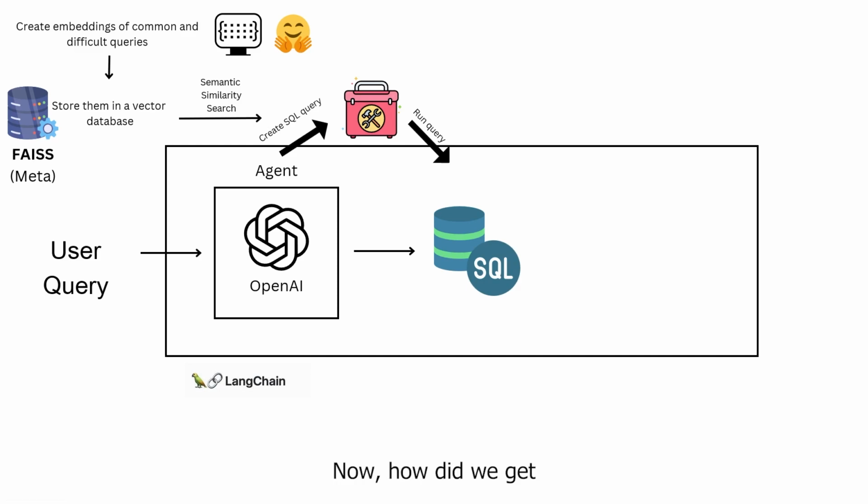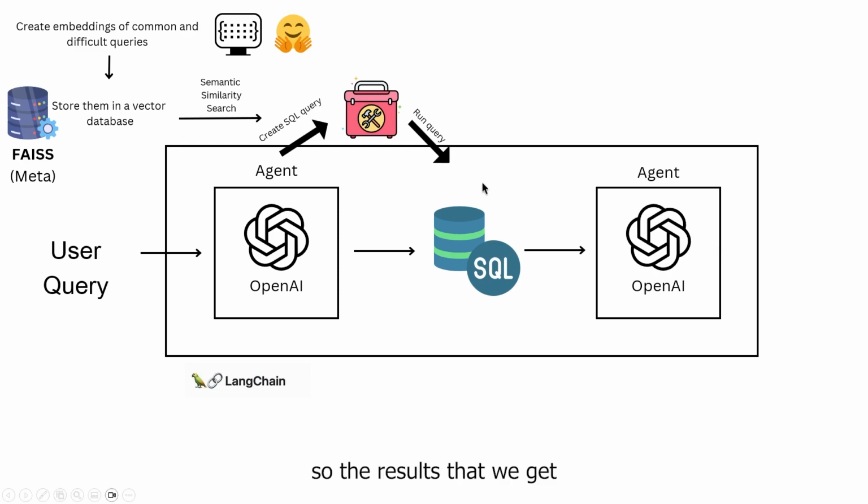running the query. Now how will we get the results from the query and display them in natural language? So for that, what we can do is that we will call our agent again, right? The results that we get from the SQL database, we're going to forward those results to our agent again, and we're going to instruct it to convert them into natural language.